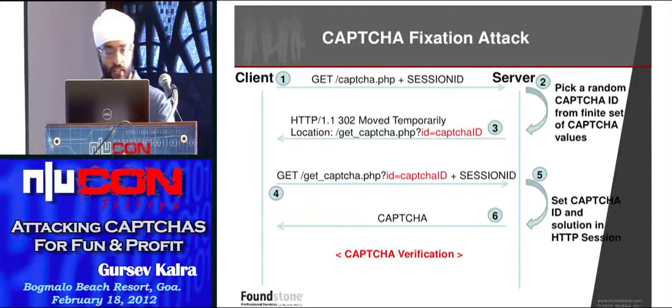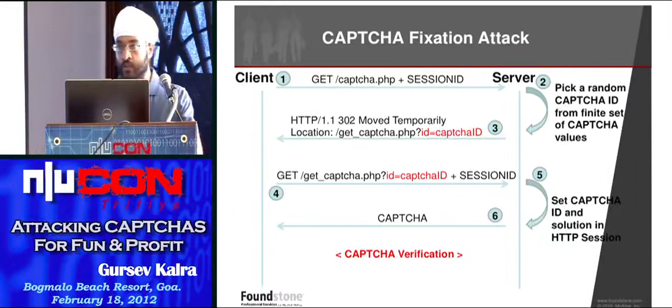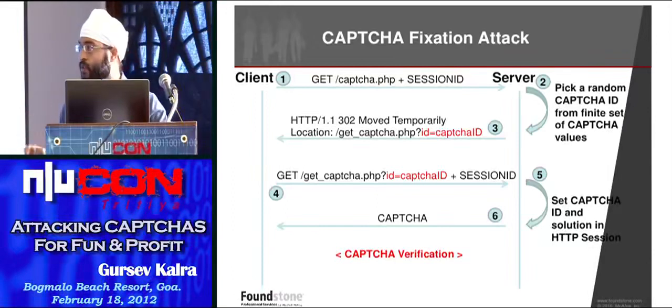What this chosen CAPTCHA identifier attack means is, once you know a particular identifier, just one request would be good enough. You know this identifier, you solve it locally, manually or maybe using some OCR engine. Then you use that identifier for all the requests you send from here on. The server has no way of knowing that this was the identifier assigned to you. It will pick the identifier from your request, look into its database for the solution and compare against what you are providing.